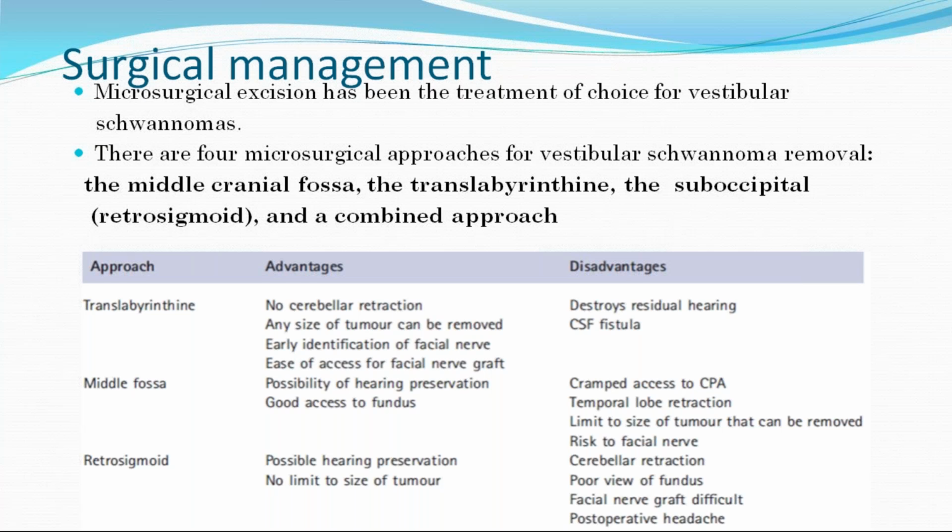If the patient has serviceable hearing, you can choose the middle fossa approach or the retrosigmoid. If there is no serviceable hearing, you can go with the translabyrinthine. If the tumor has a large intrameatal part, you go ahead with the translabyrinthine or middle fossa. And the middle fossa approach gives good access to the fundus.